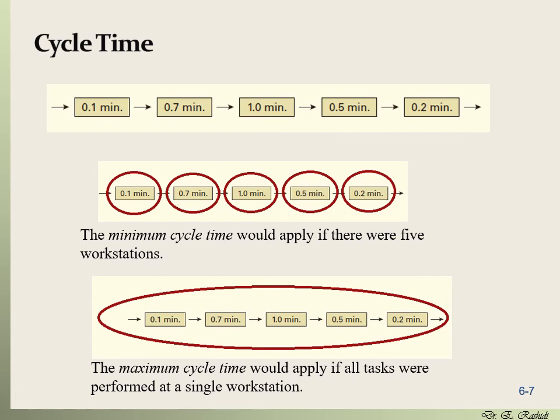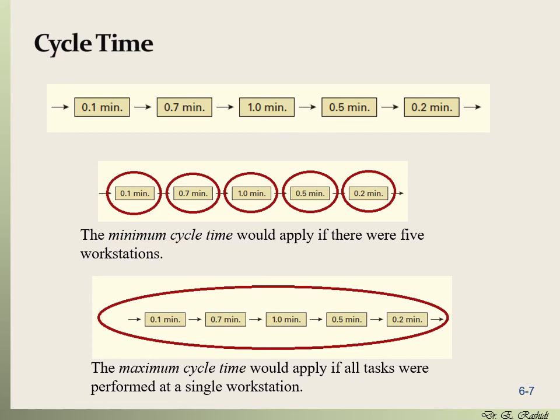This design of line balancing would give us the minimum cycle time possible, and that would be the maximum processing time of all the tasks, which is 5.5. So the cycle time would be 5.5 minutes here because of the precedence constraint or relationship.